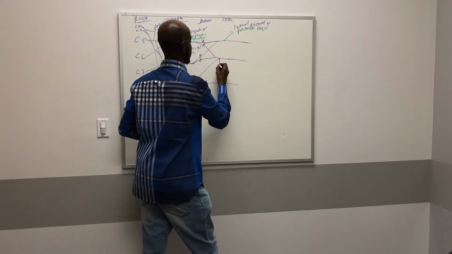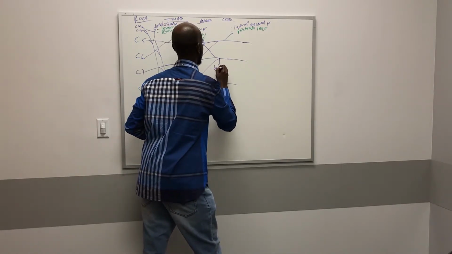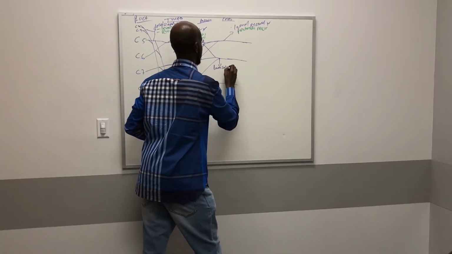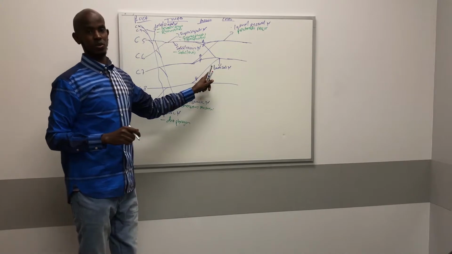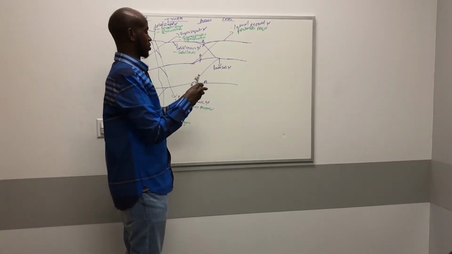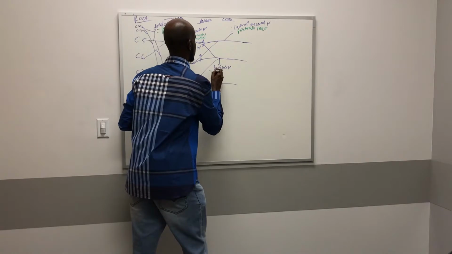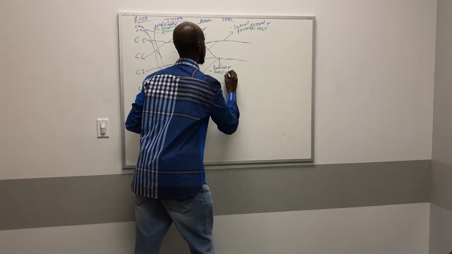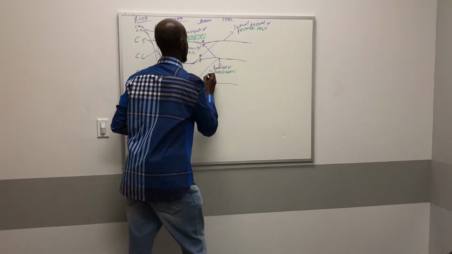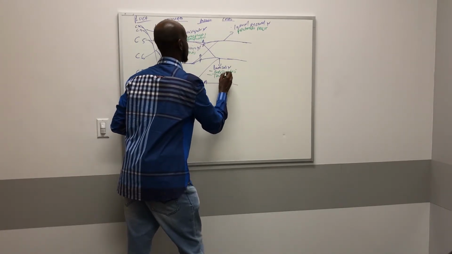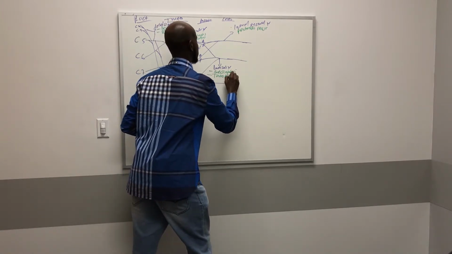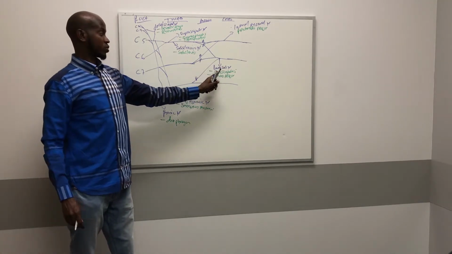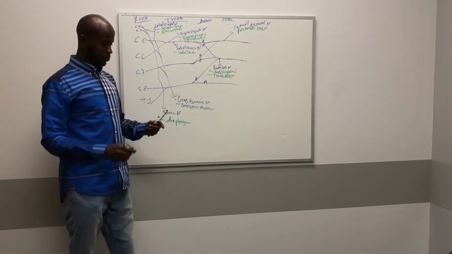Number 1 is lower subscapular nerve, which supplies 2 muscles, subscapularis and teres major.